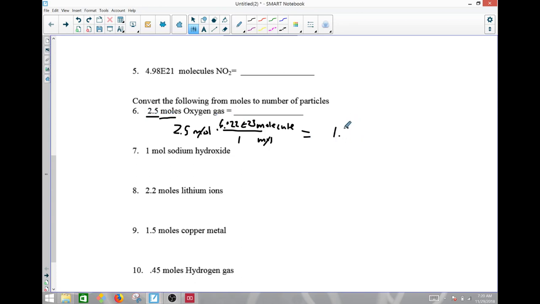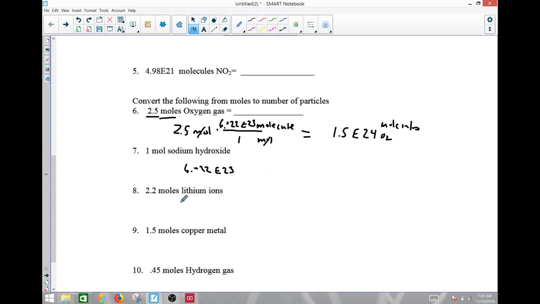It's 1.5 e to the 24th. And that would be molecules of oxygen gas. All right, 1 mole, that's just going to be 6.022 e to the 23rd.